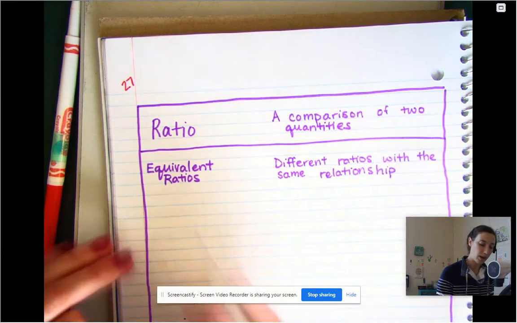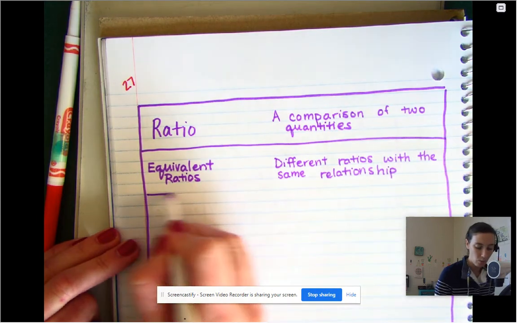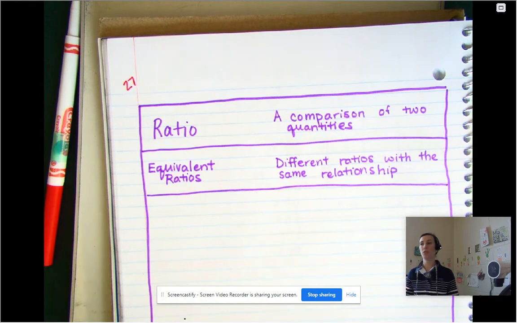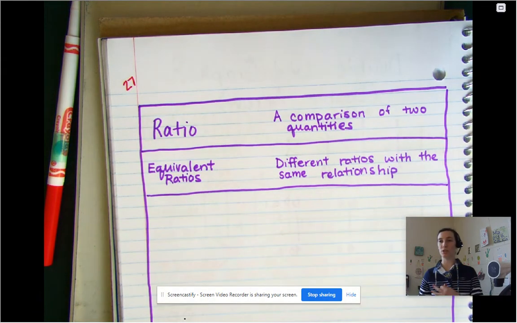So if we think back to our red marbles, blue marbles, 1 to 2 is equivalent to 3 to 6, 4 to 8, 5 to 10. They have the same relationship to each other. We're just using different numbers. That's an equivalent ratio.